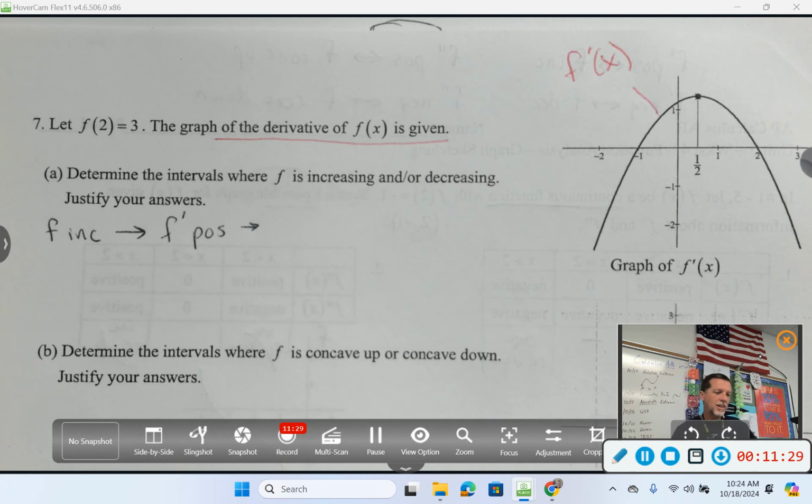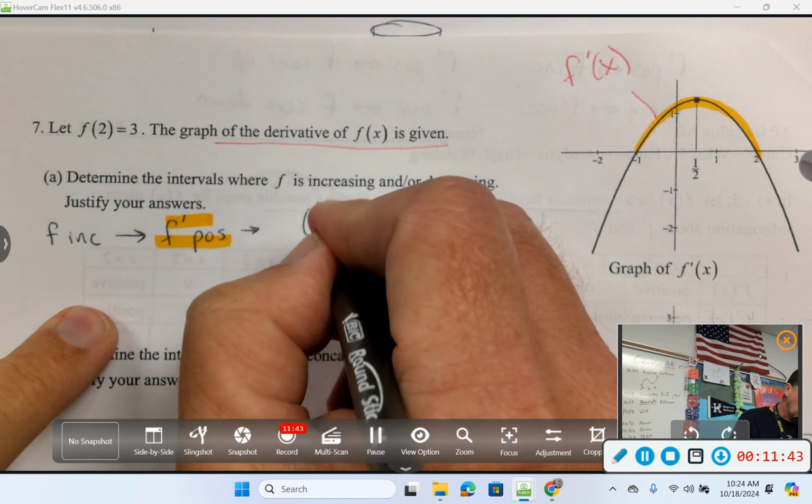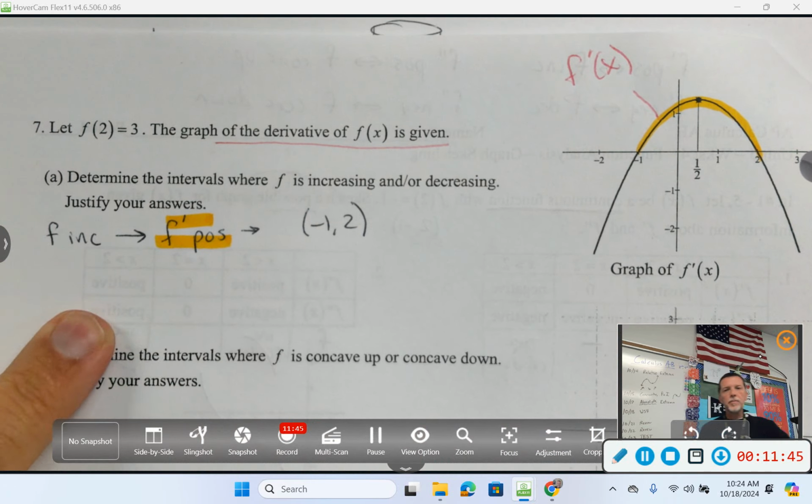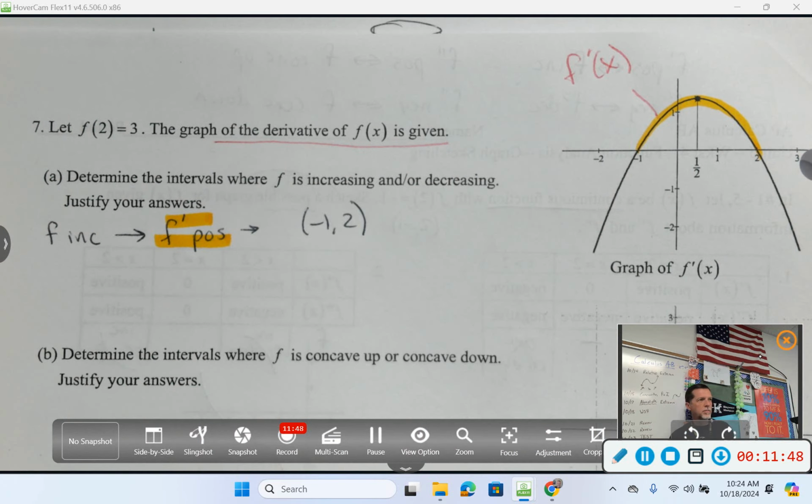Okay, the people I'm hearing are right. From -1 to 2, f prime is positive. So that means f is increasing from -1 to 2. Because the f prime is above the x-axis, so those are all positive values. F prime is positive, which means f is increasing.